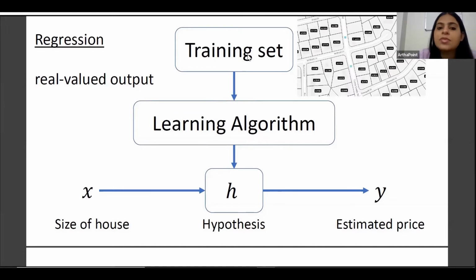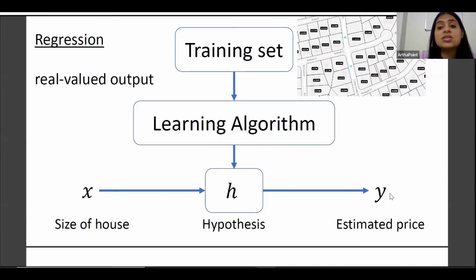For example, the hypothesis that I may have in mind is that the size of the house affects the price of the house. This is something that you would have seen very often. You would have noticed that 1 BHK has a lower price as compared to 2 BHK, and 2 BHK has a lower price as compared to 3 BHK.